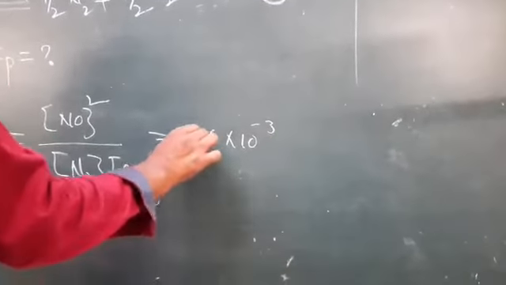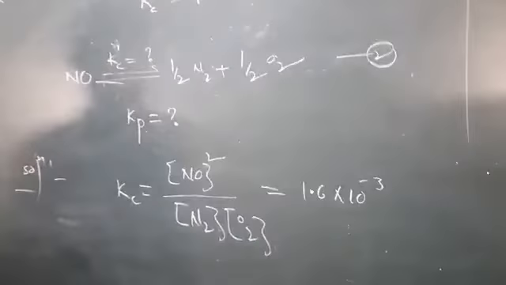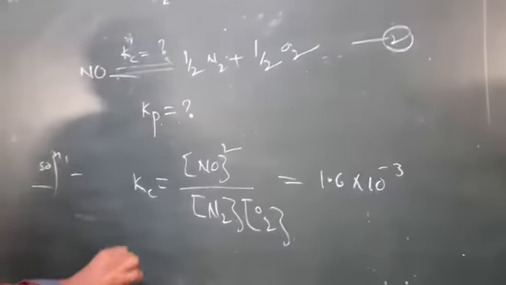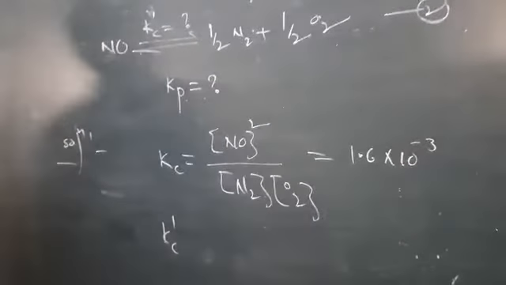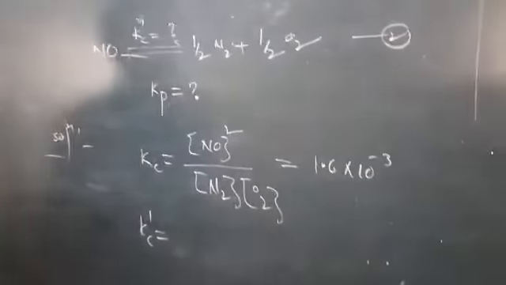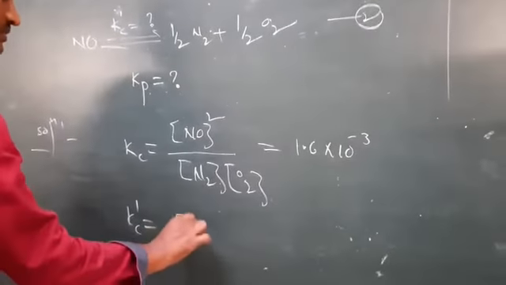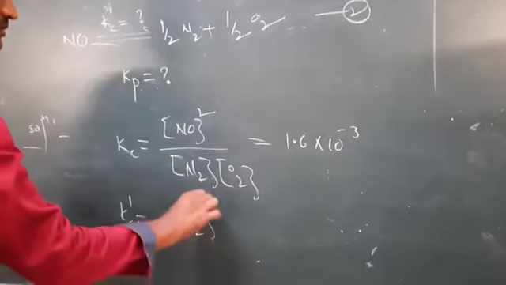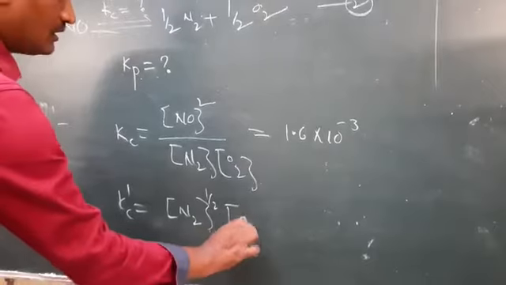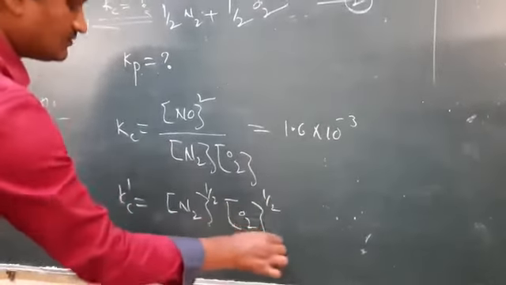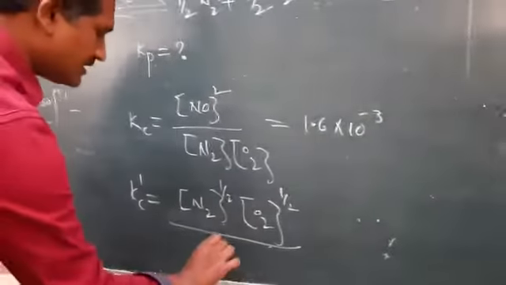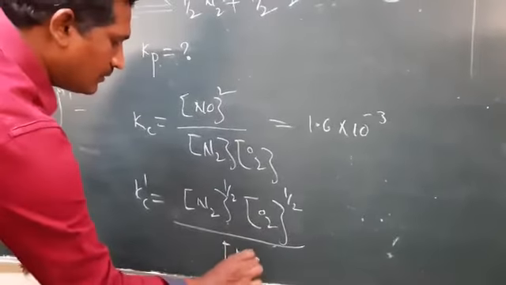For equation 2, Kc prime equals N2 power half and O2 power half by concentration of NO.